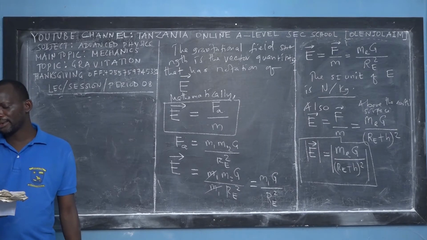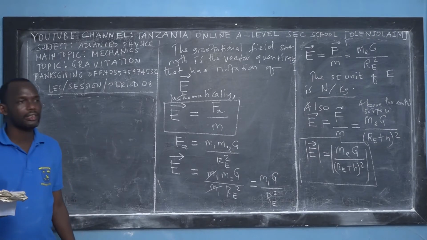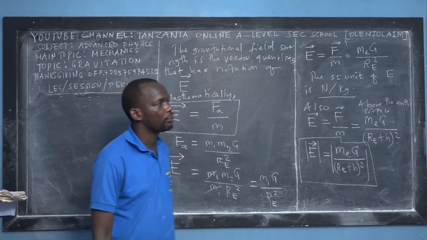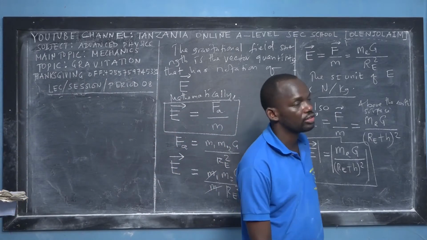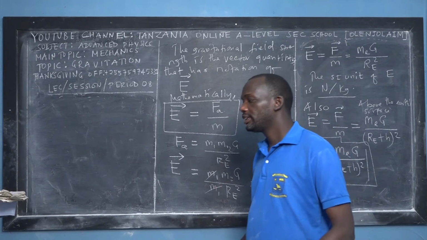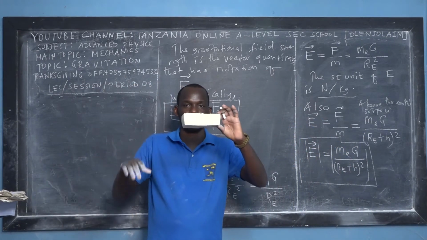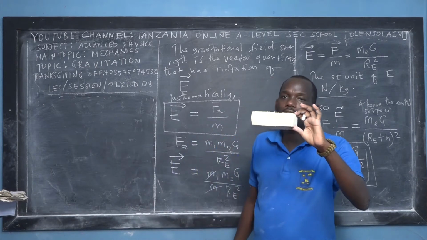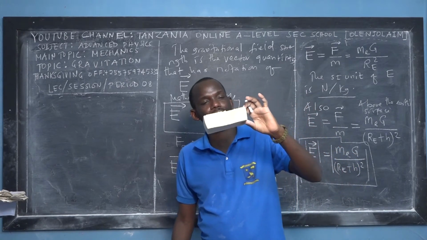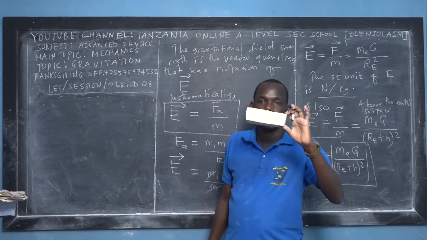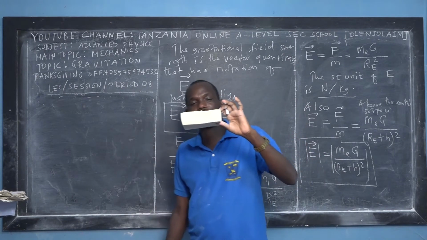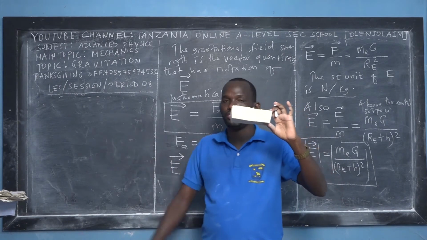So we have to think about the work done required, because you know that work done is a product of the force times distance moved. So suppose this is the Earth's surface, and then maybe the physicists have used a rocket that has been carrying the satellites outside of the space.